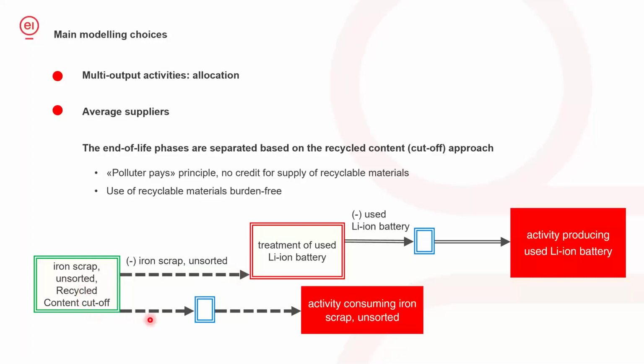And then it will enter a secondary supply chain burden-free. So the activity consuming this valuable product, the iron scrap unsorted, will get it for free. In this sense, of course, just to make a comment here, the cutoff promotes the use of recyclable materials, since the consumers get the recyclable materials burden-free.